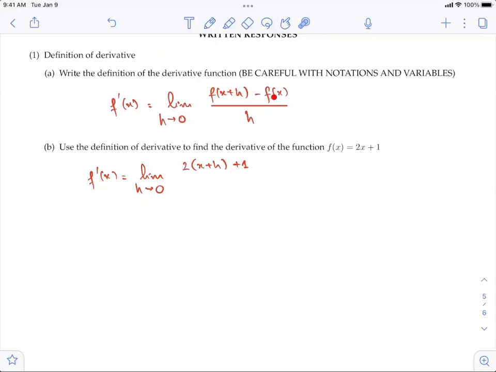Now we do minus f of x, so minus 2x plus 1 in parentheses, because you have the negative in front of it, all divided by h. If you use direct substitution at this step, you will find the indeterminate form of 0 over 0.